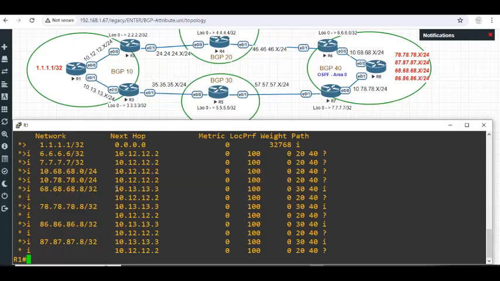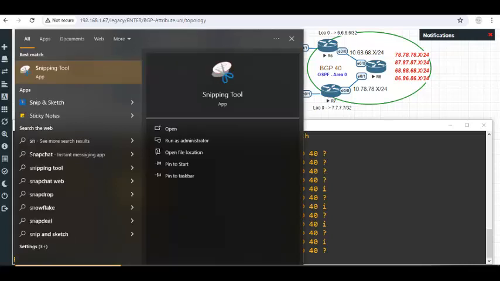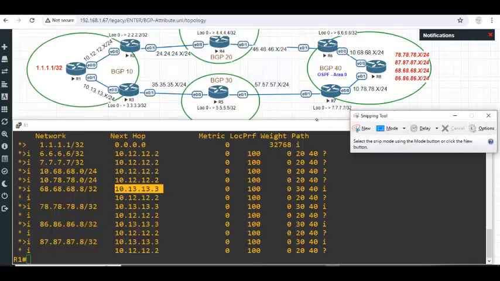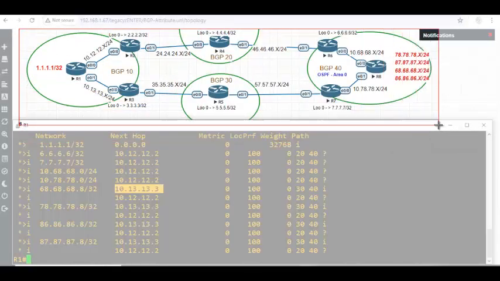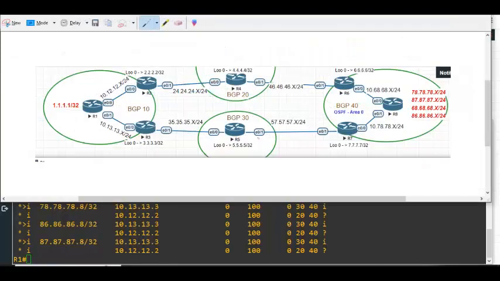It prefers going via router 3. How do I know?